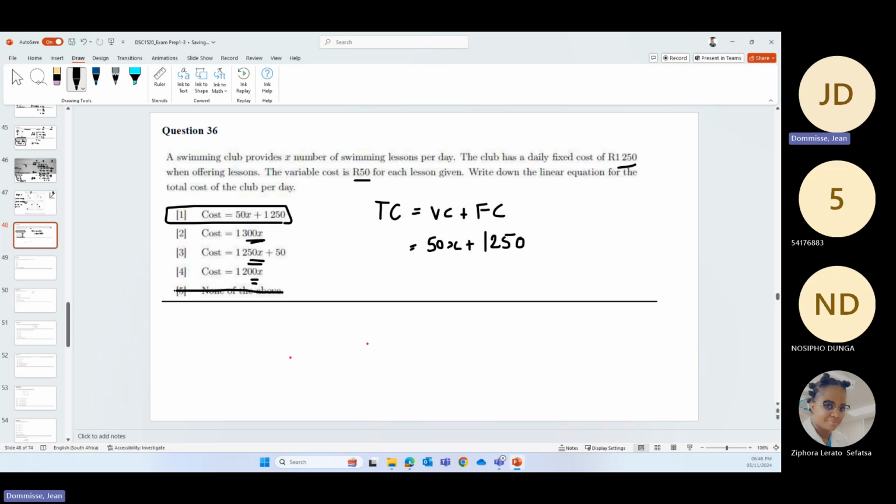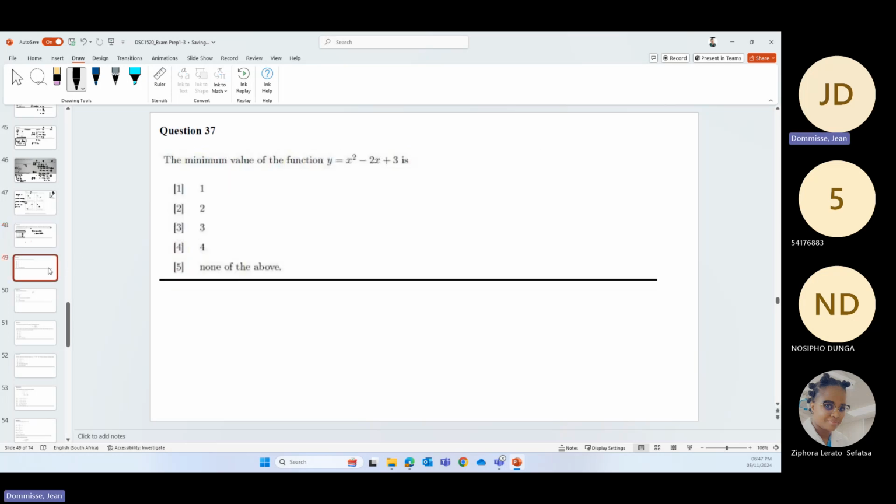What they're testing is that you know that your fixed cost does not change no matter how much x increases or decreases. It does not have an impact on your fixed cost. Okay, so let's go into another question.